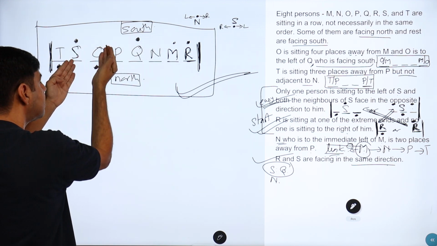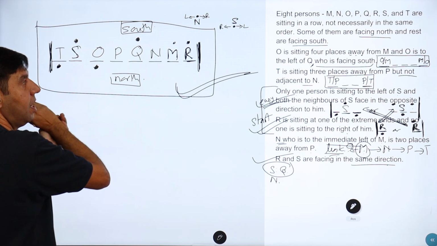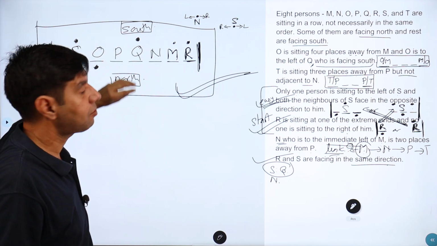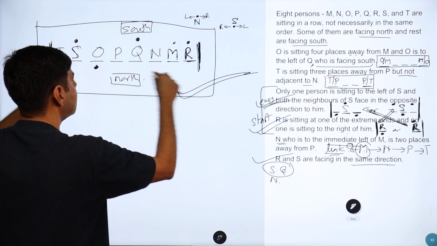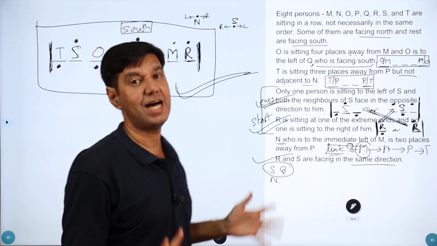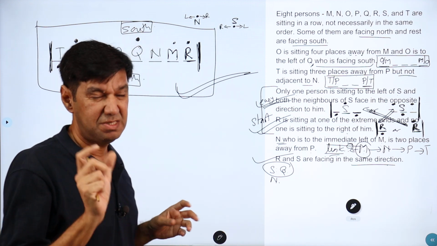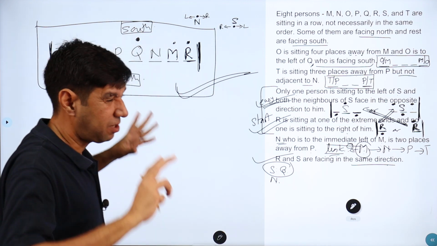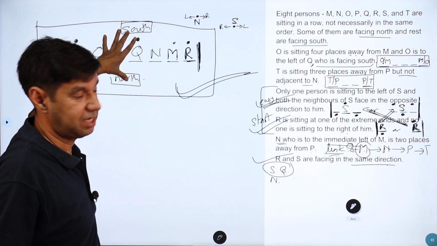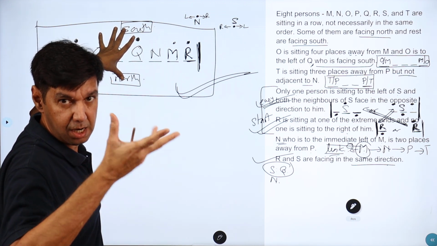If you take S, this is the right, this is the left. Is that okay? And if he is asking the question about south or north, all this side is south, this side is north.